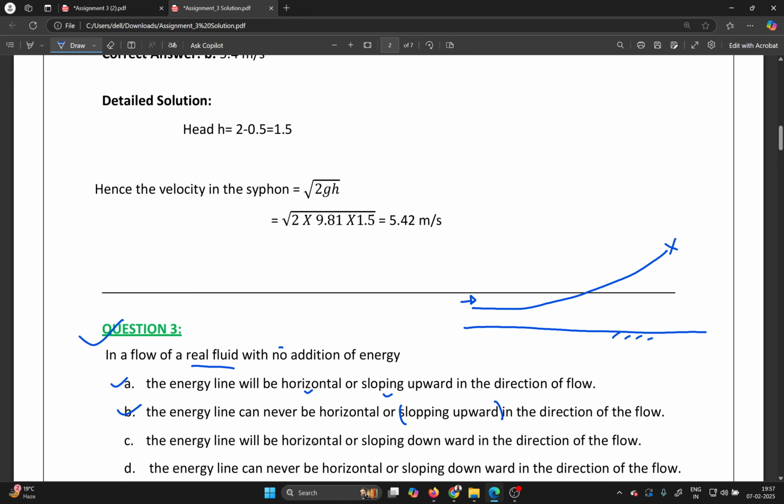The energy line will be horizontal or sloping downward in the direction of flow. The energy line can never be horizontal or sloping downward in the direction of flow. This is your A and B, and the options C and D are what? The energy line will be horizontal or sloping downward in the direction of flow, maybe horizontal or maybe sloping downward.